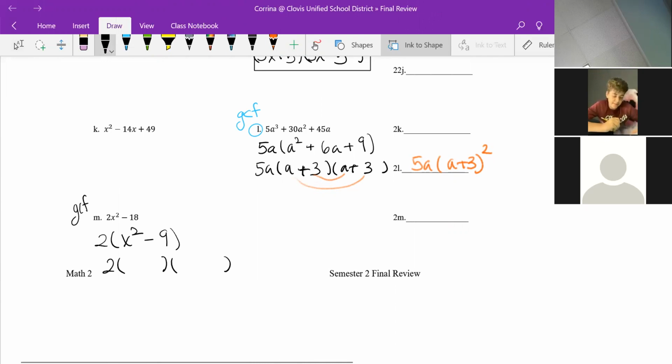Wait, real quick question. Wouldn't it just be x instead of x squared in the parentheses since the 2 is on the outside? Yeah, but you just took the 2 out, not an x. So if you were to distribute. Oh yeah. Okay. And then minus 9.